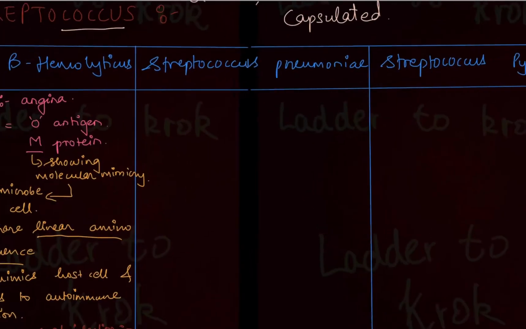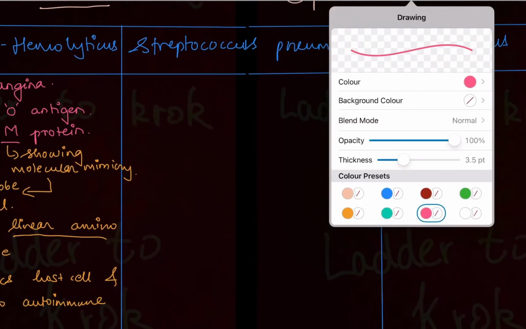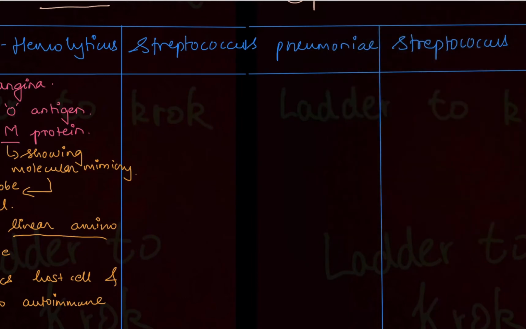The second type of Streptococcus is Streptococcus pneumoniae. Let's know about this. It causes croupous pneumonia.